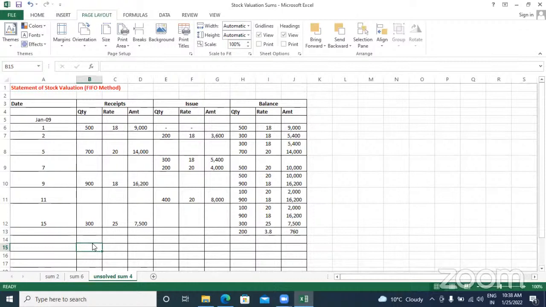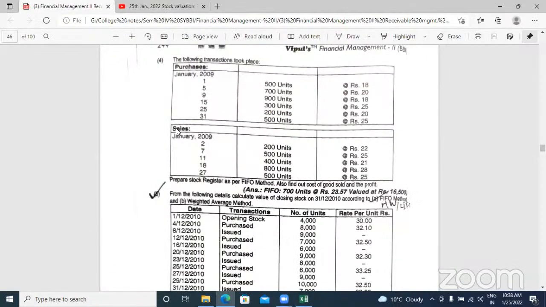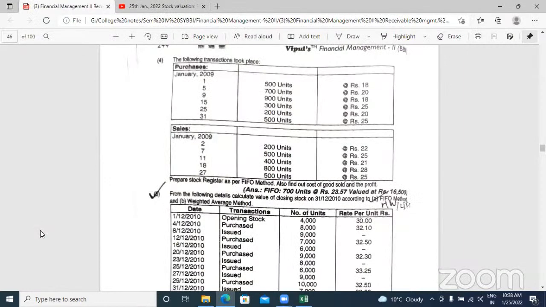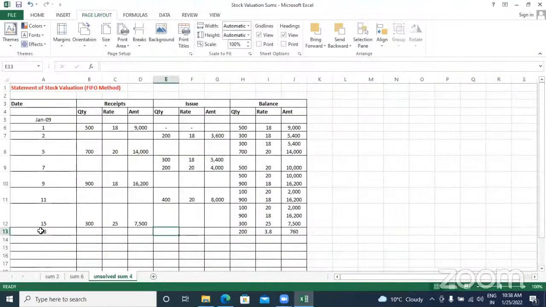What do we have? 18th, ma'am. 18 sales. How many units are sold? 800, ma'am. Very good. And how much do you have in your stock? The first stock is? 100. So you can issue only from 100 first.